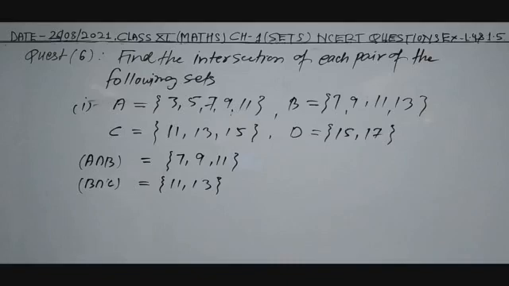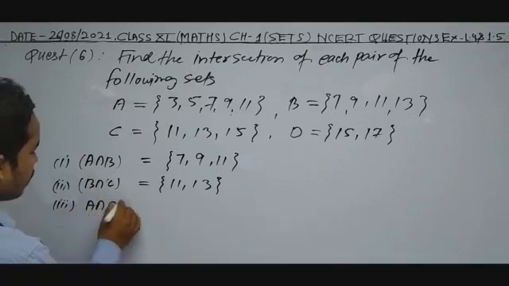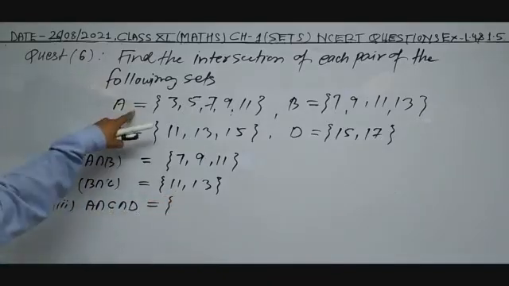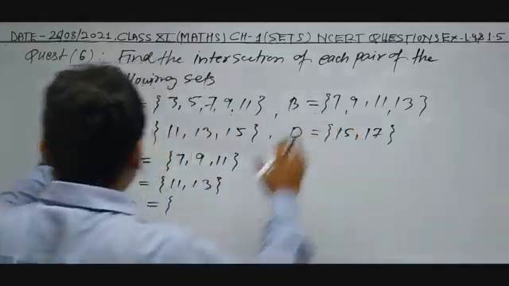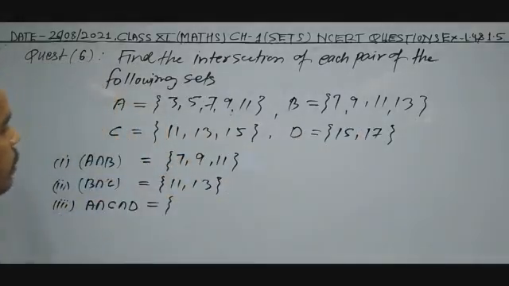Now the next part. This was the first part and that was the second part, and now we are going to solve the third part, which is A intersection C intersection D. Now what is the common element?